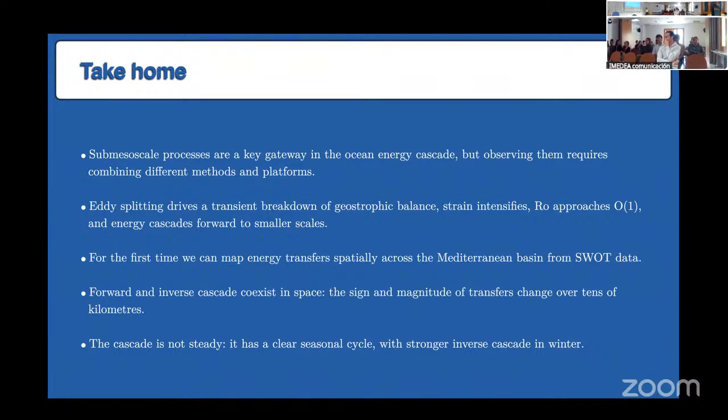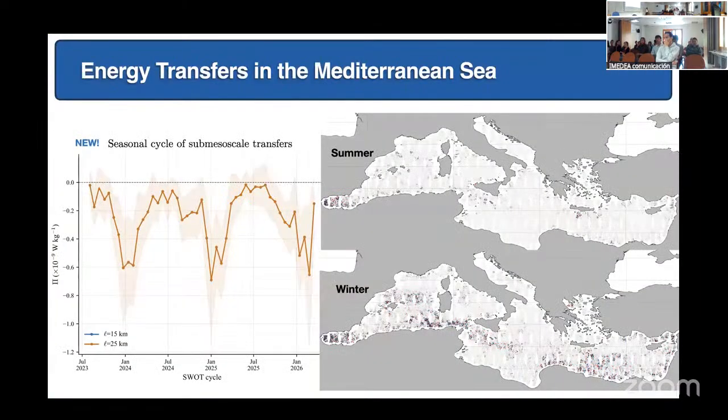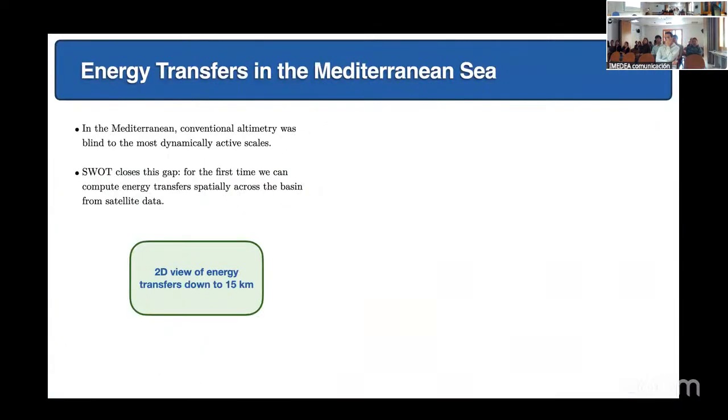When you describe the splitting of the gyre, the eddy, you get, I think, a swing in the Rossby number during the splitting, and then it goes back after the splitting.